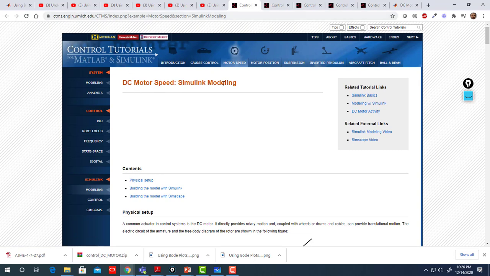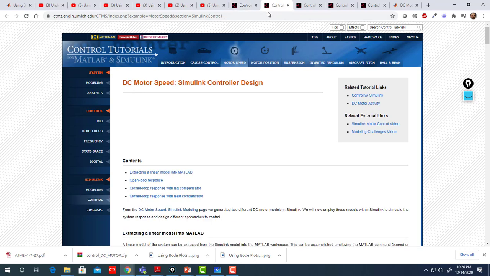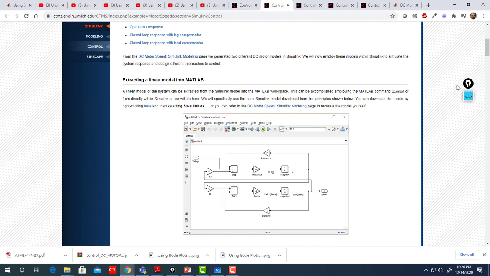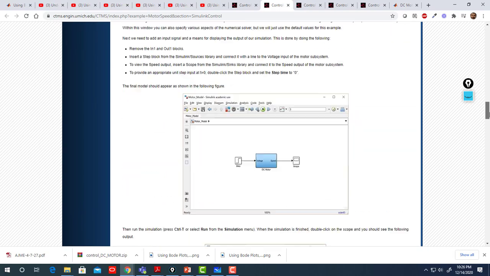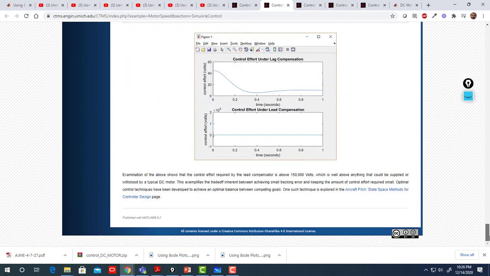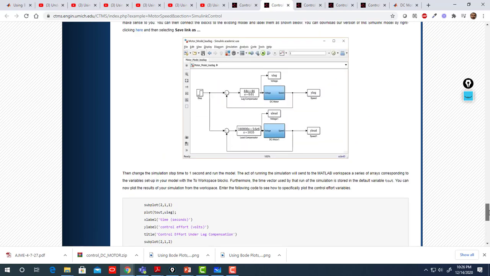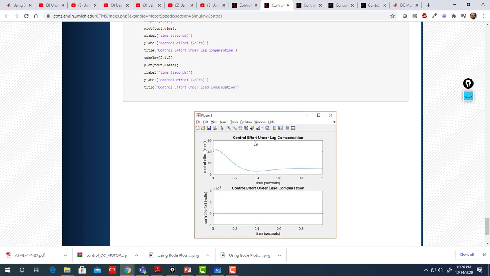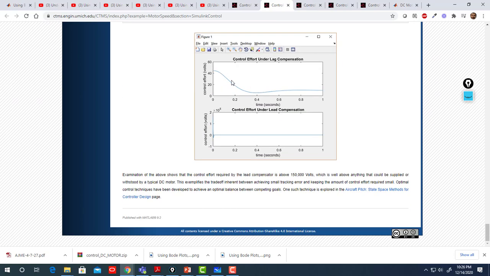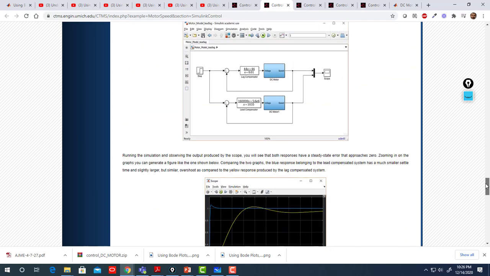That's the Simulink modeling for it. Controller design, so interesting, you could look at. And here they do lag and lead compensator and compare the control effort for both lag and lead compensator.